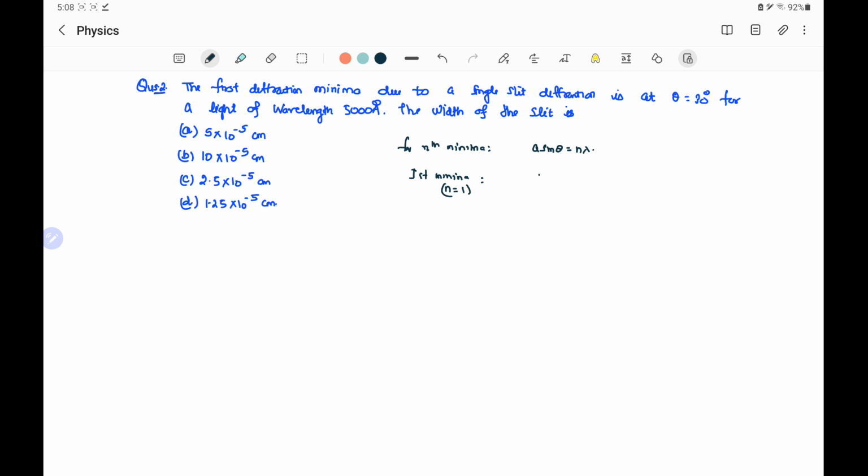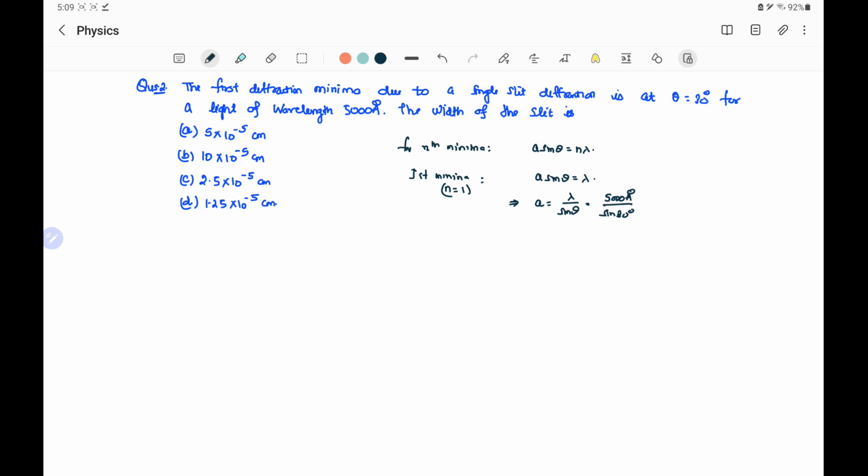The condition will be a sine theta equal to lambda. Now substituting the value, we have to find the value of a. A is the slit width, it will be lambda by sine theta. Lambda is 5000 angstrom divided by sine 30 degree.